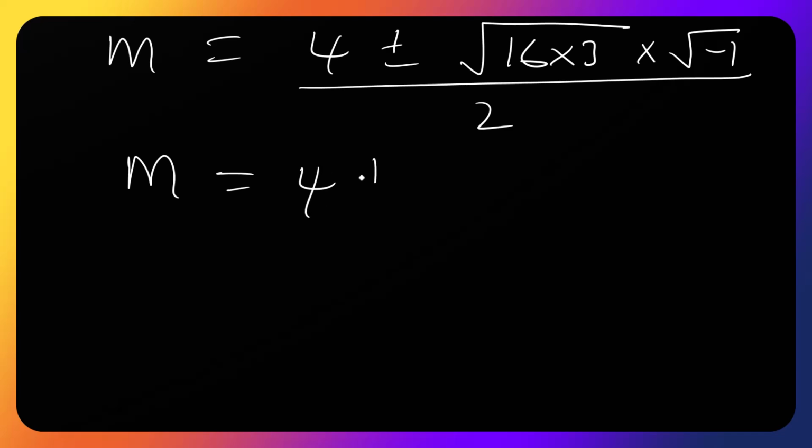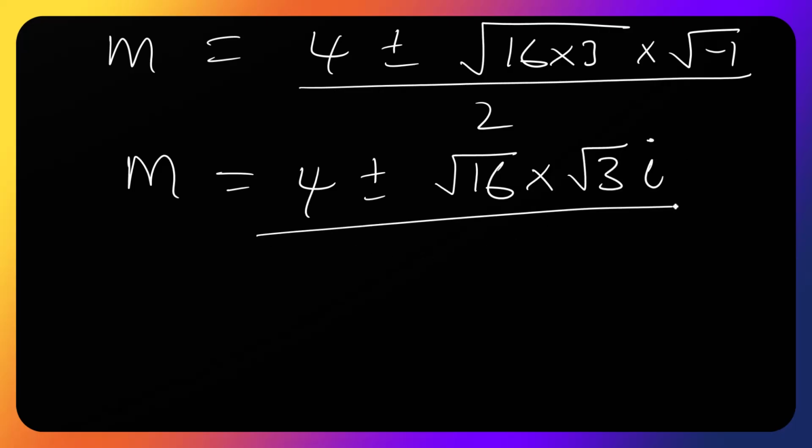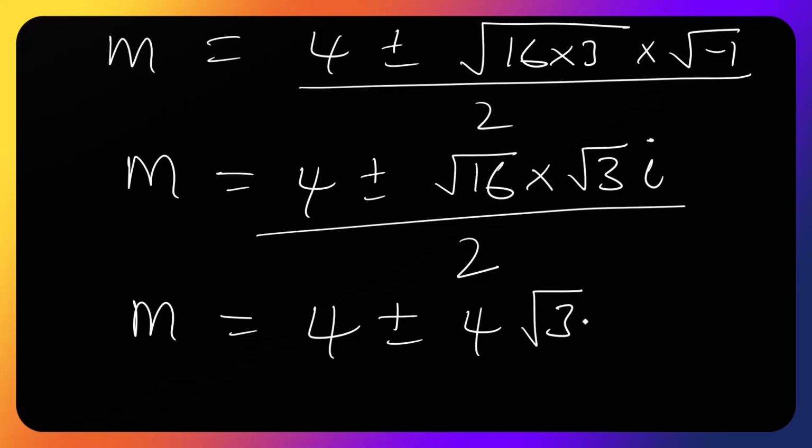You have 4 plus or minus a perfect square times i on 2, which is 4 plus or minus 4 root 3 i on 2.